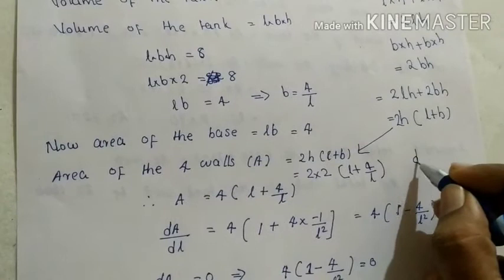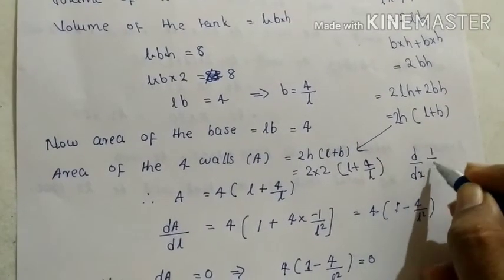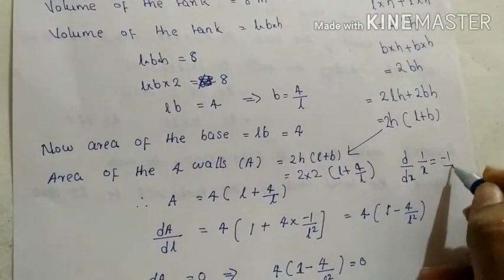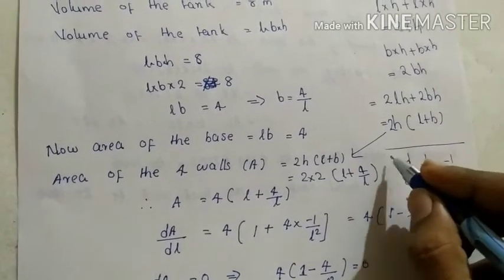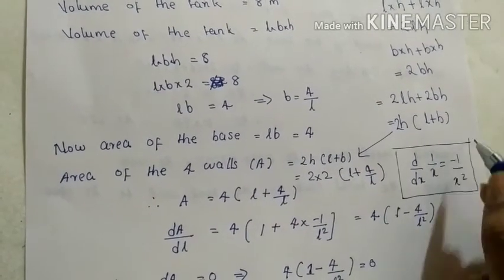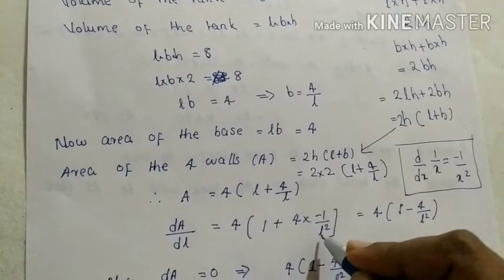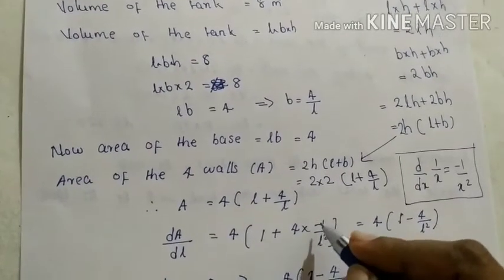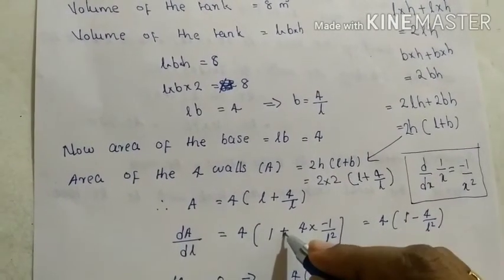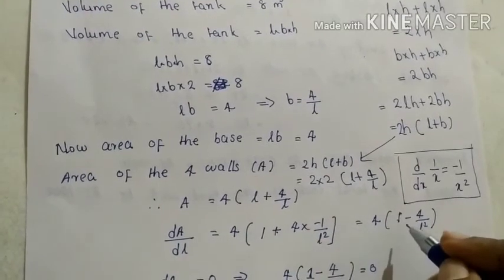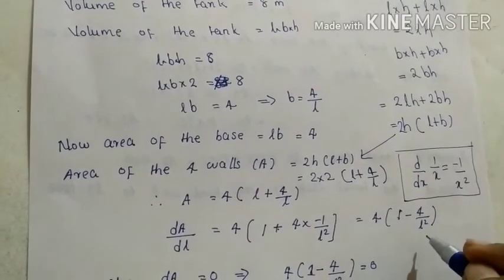We know that standard derivative of 1 by x is minus 1 by x square. Similarly, the derivative of 1 by L is minus 1 by L square. Okay, so taking the negative, we get 4 into 1 minus 4 by L square as dA by dL.